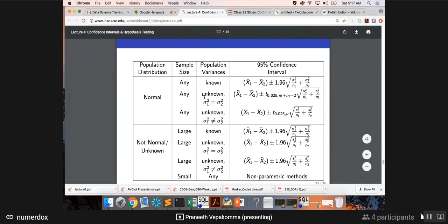If population variance is unknown, then you're using sample variance in that part. So instead of using z alpha, you're using t alpha now, because it is no longer z distribution, it is t distribution. Similarly, if variances are unknown but equal. If they're unknown and not equal, then you're using this formula.